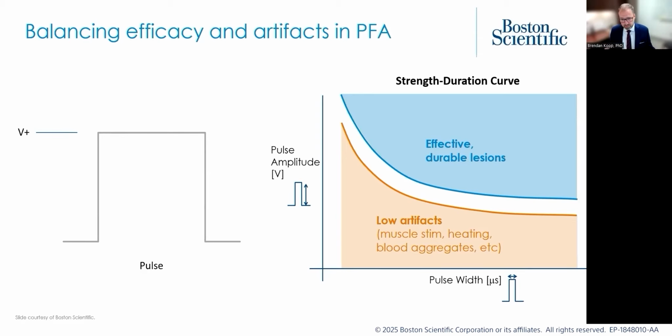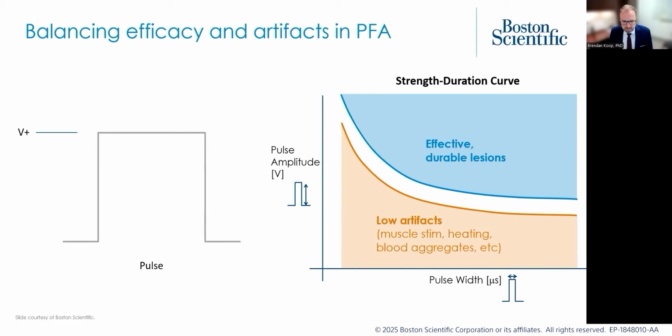One thing to remember is that electroporating cardiomyocytes is actually deceptively straightforward. We can do that with defibrillation pulses, as we know from the literature. And even back in the history of EP, all the way back to the 80s, people were electroporating myocardium with defibrillation pulses. The problem is not that part, it's the low artifact part.